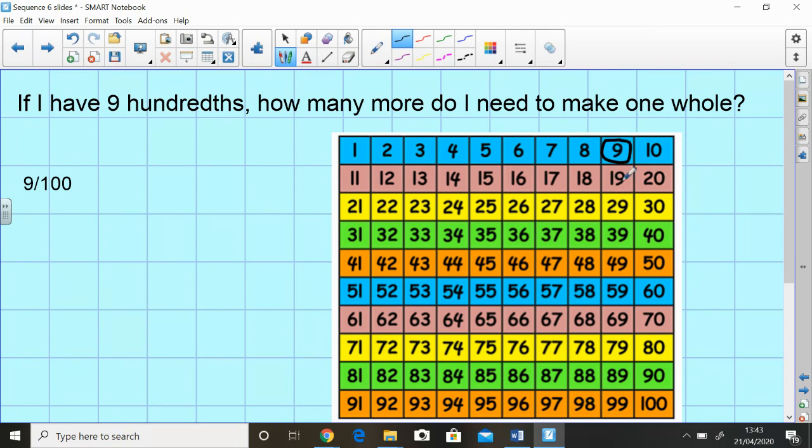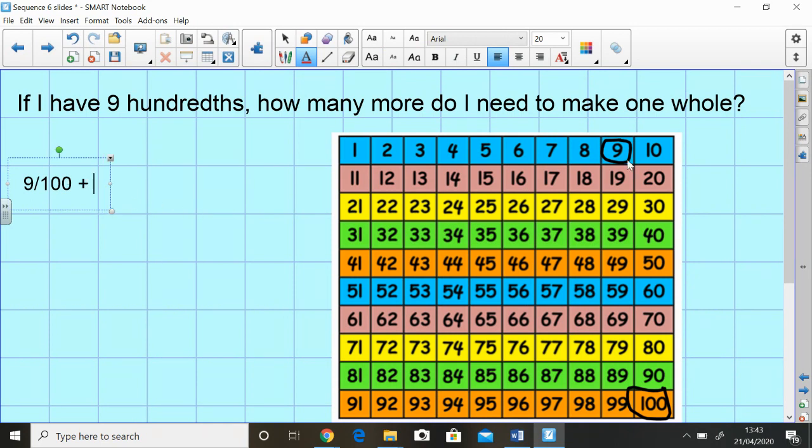What do I need to add to this 9 hundredths to equal 100? 9 hundredths, add 10, 20, 30, 40, 50, 60, 70, 80, 91. Add 91 hundredths, and that will equal 100 hundredths, or 1 whole.